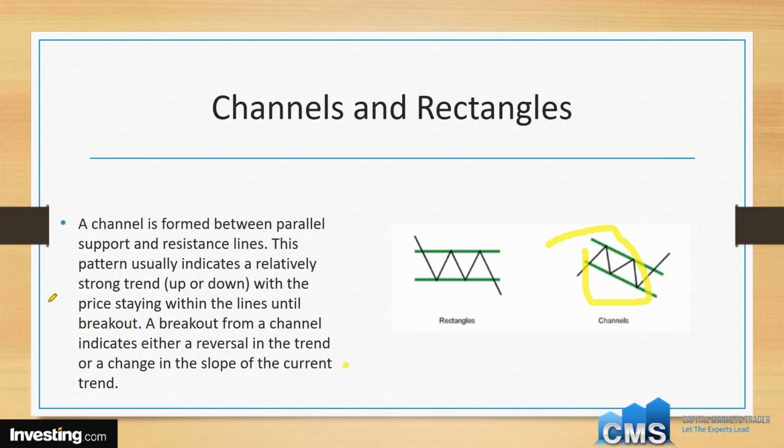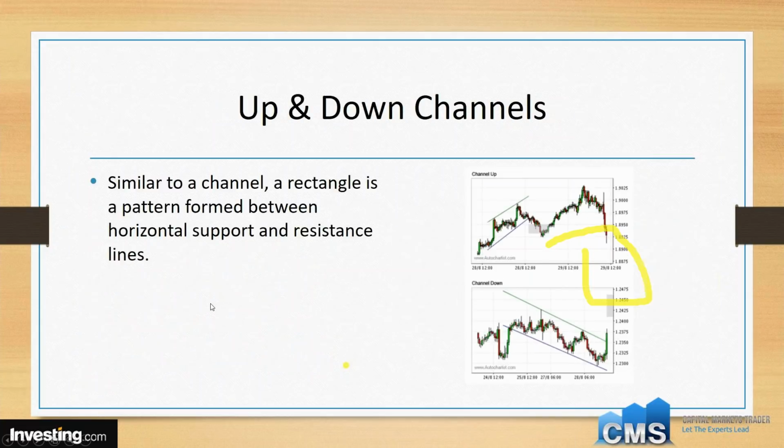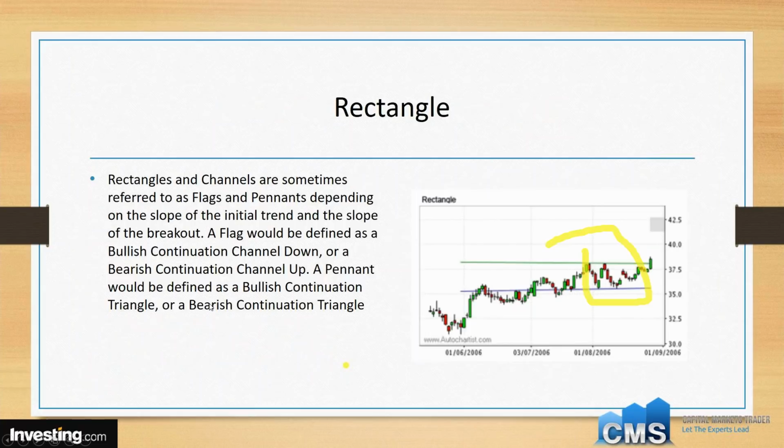A rectangle is basically the same thing, except we have horizontal support and resistance lines. So similar to a channel, a rectangle is a pattern formed between horizontal support and resistance lines. Rectangles and channels, though, are important to remember, but you'll remember them more by names that are more commonly used.